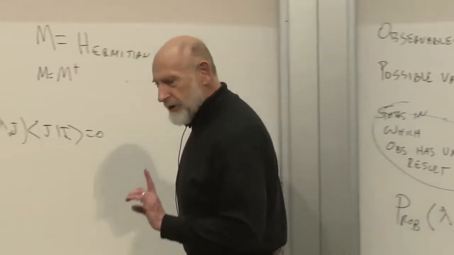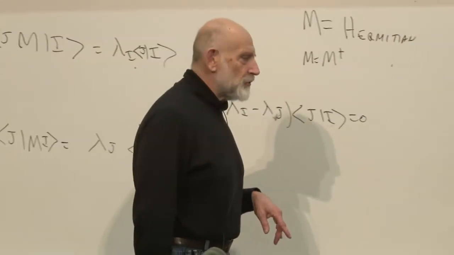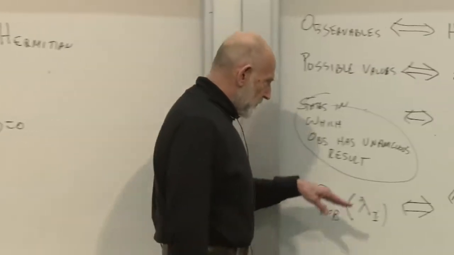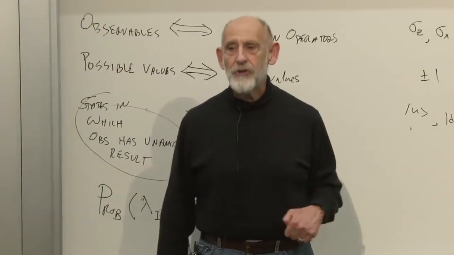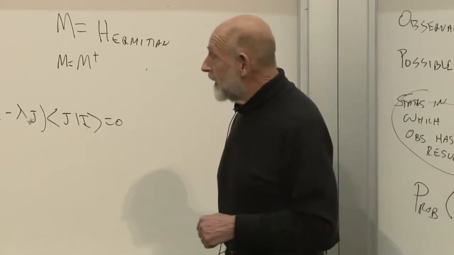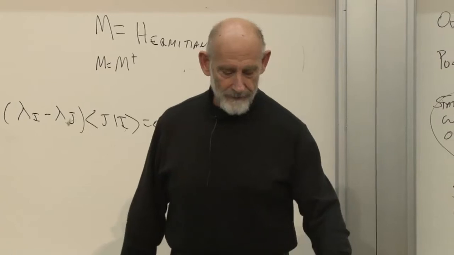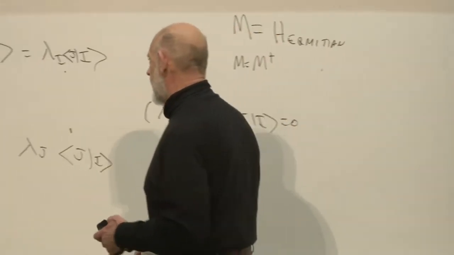Now, there's an implication here about the nature of state vectors coming from the assumption that total probabilities are equal to 1. They have to be normalized. Yeah. Let's work that out.